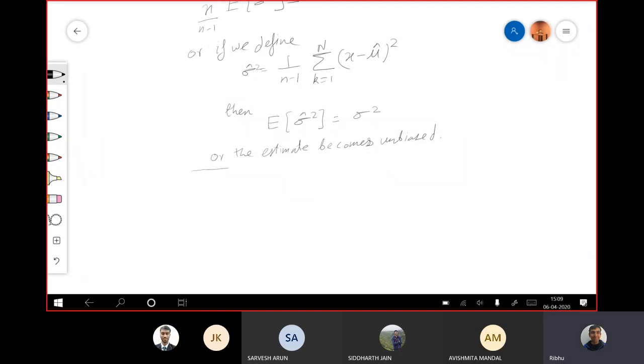This is about the bias of an estimate, that we desire an unbiased estimate, and if we have a biased estimate, we multiply to make it unbiased. Fine.